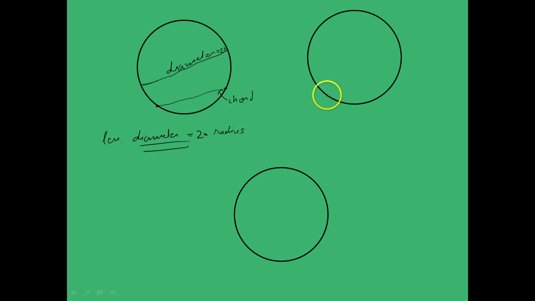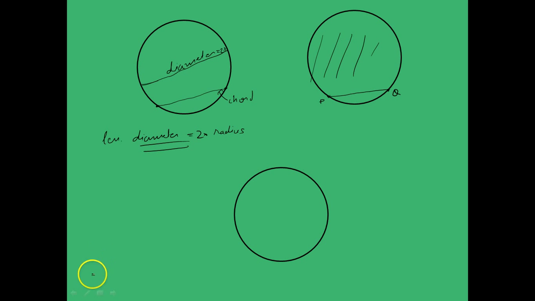Consider another circle in which, let's say, you have 2 points on the circle itself. Now this line segment, which is the line segment PQ, divides the circle into 2 parts.